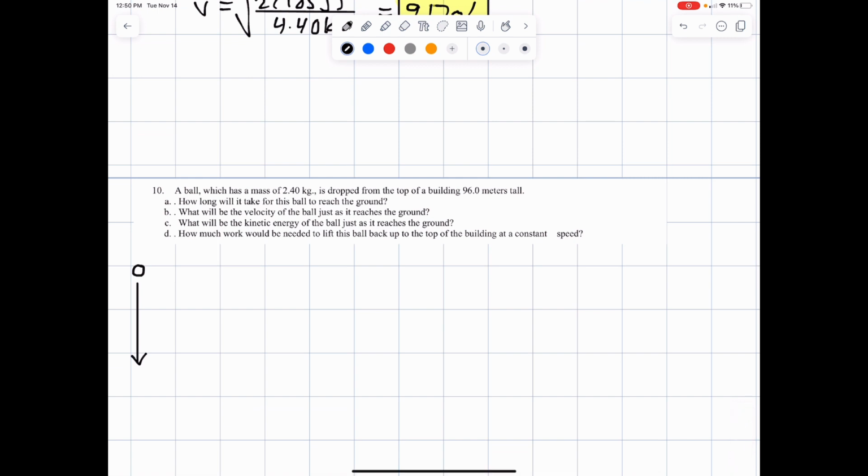All right. Now, in these next set of problems, 10 and 11, we're going to get an early sense of how mechanical energy can be conserved and transformed from one form to another. But in order to set that up, we're going to be reviewing and finding our values using old methods, such as constant acceleration equations.